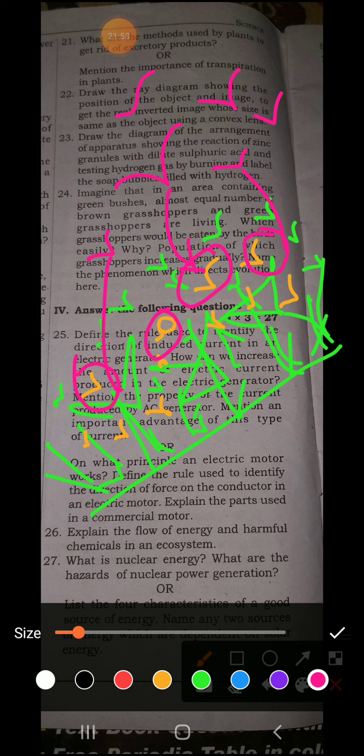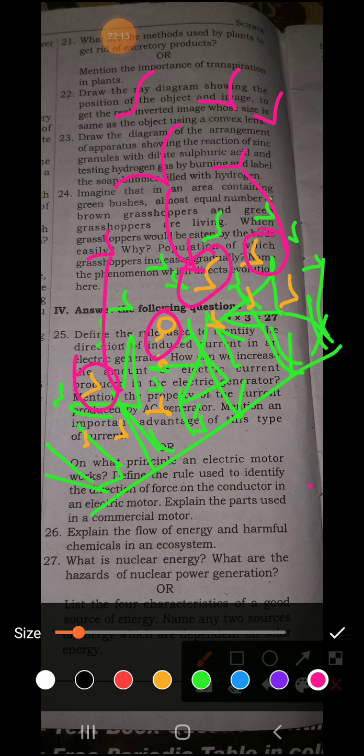So obviously the brown grasshoppers will be identified by the birds very easily because of their different color. You can see in the picture here, children, the brown grasshoppers can be identified very easily.